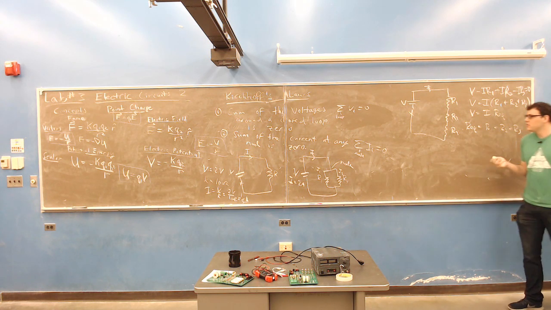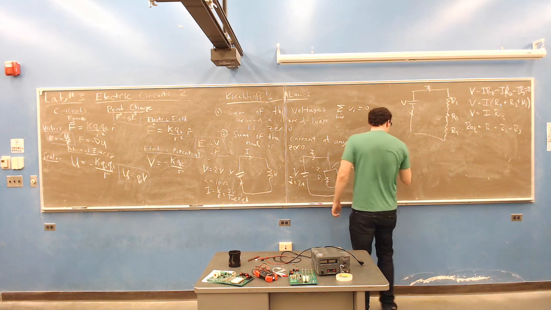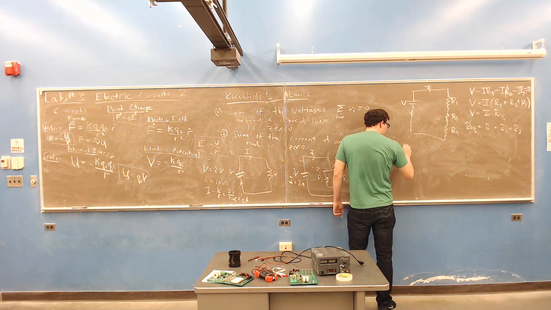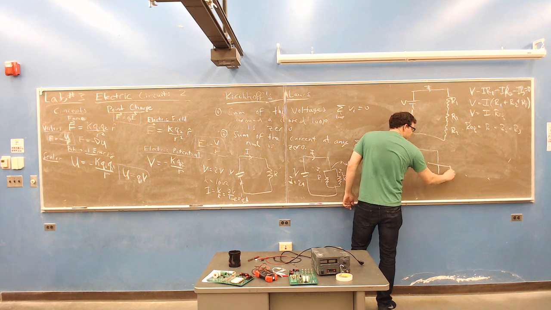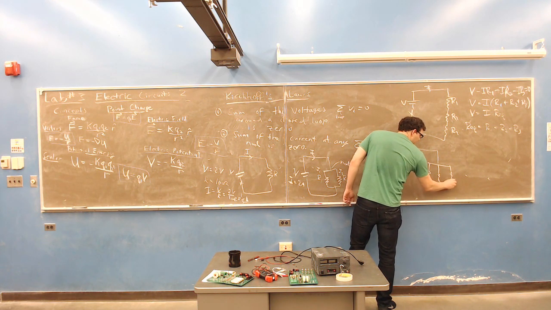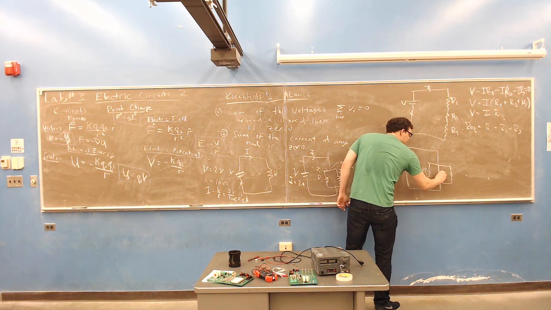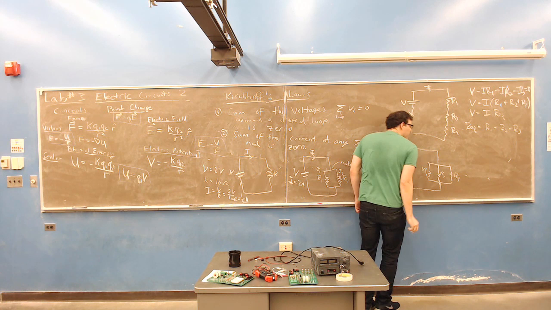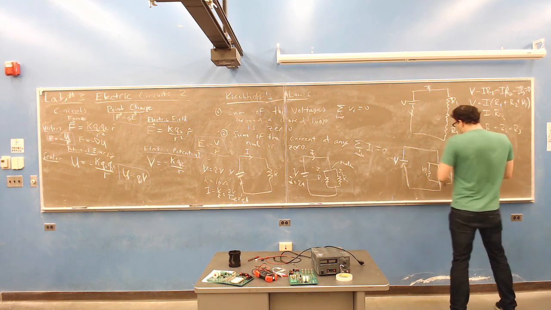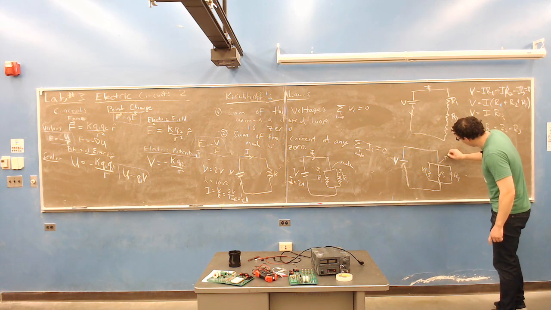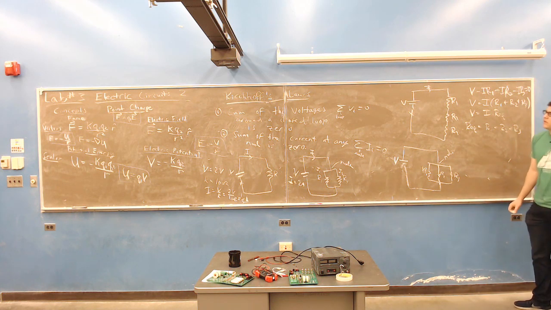All right, let's apply it to parallel. I'm going to do 3 resistors in parallel. R1, R2, R3. There is a node here. Let's apply it at this node. So what does Kirchhoff's second law say?